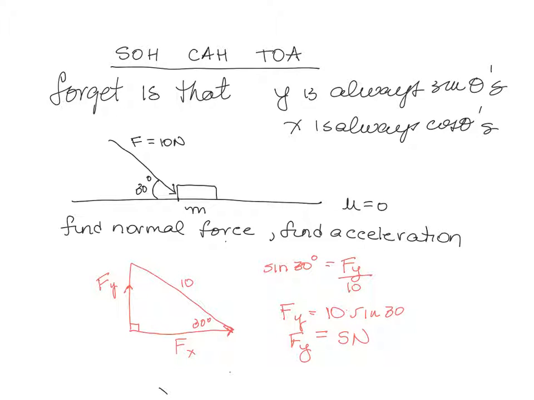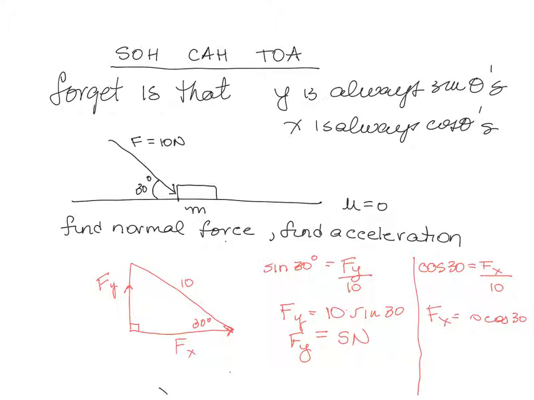Now we also have to find the force in the x direction. In this case, we're looking at a cosine. The cosine of 30 degrees, from SOHCAHTOA, is the adjacent over the hypotenuse, and that's Fx over 10. So Fx equals 10 cosine 30.